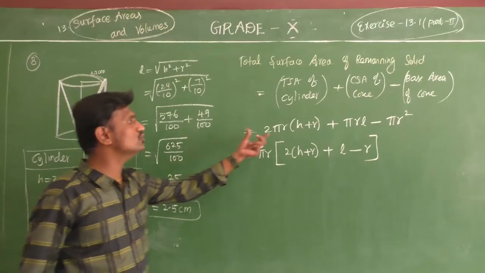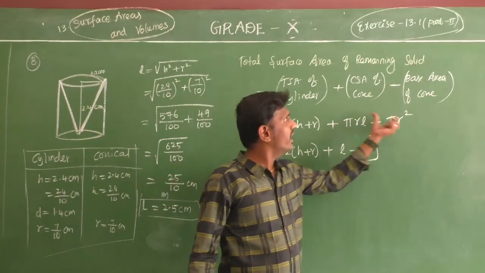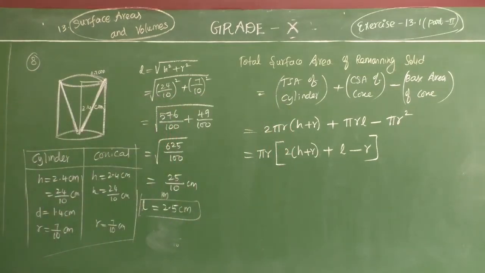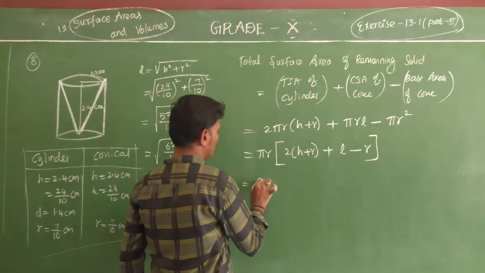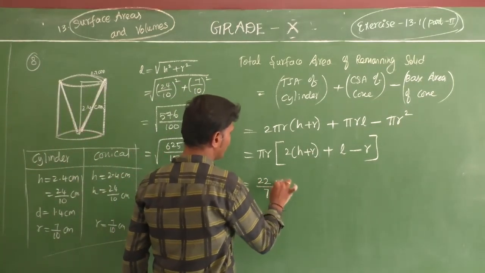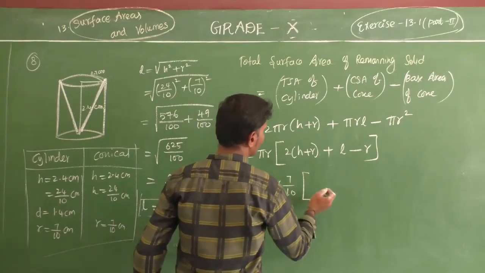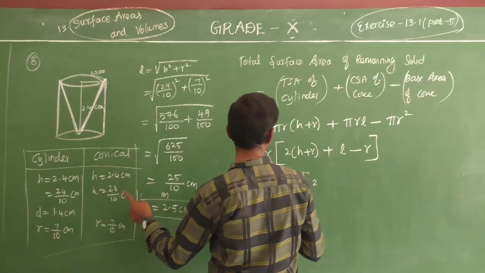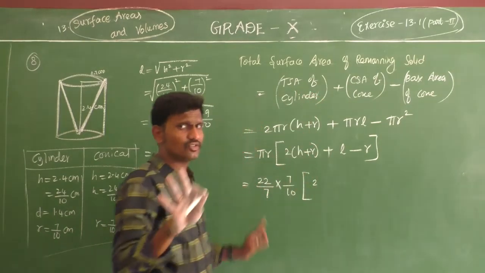Always take individually to find TSA of the cylinder and CSA of the cone and base area of the cone. Then finally you have to simplify all of it to get the final answer. Yes? Okay. Now the value of pi is 22 by 7, into the radius 7 by 10, into 2 into h plus r. What is the height of the cylinder? So the height of the cylinder and cone are both the same only.